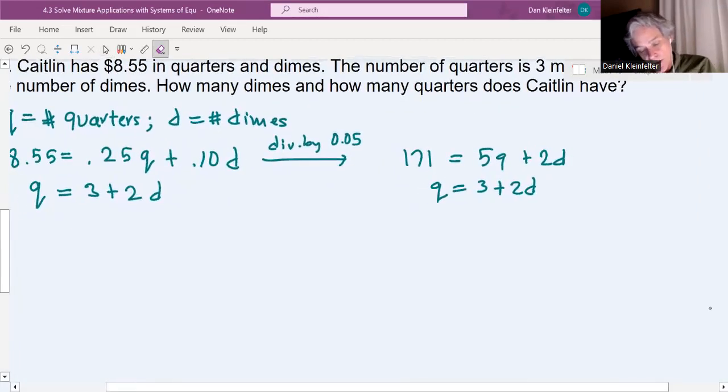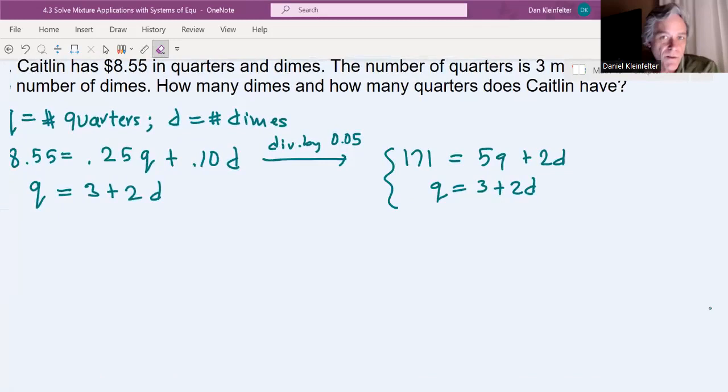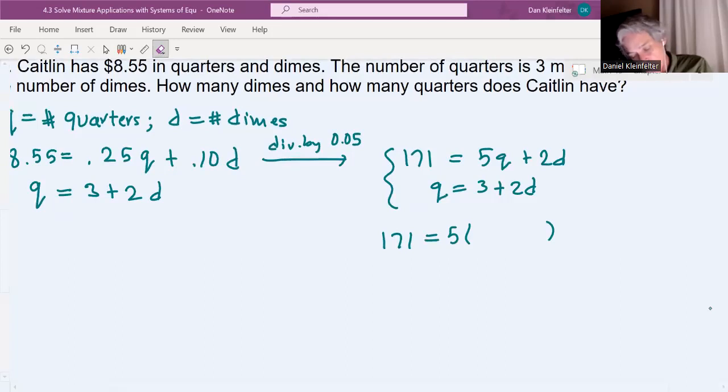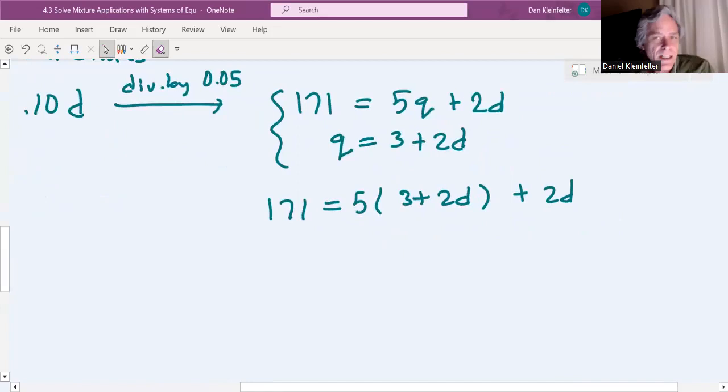with. All right, so now this equation is suitable for us to use substitution. So I'm going to replace the Q by 3 plus 2D in the first equation. So we'll have 171 is 5Q plus 2D. But wait, that Q is 3 plus 2D. All right, now our equation just involves D. And so let's continue solving that.